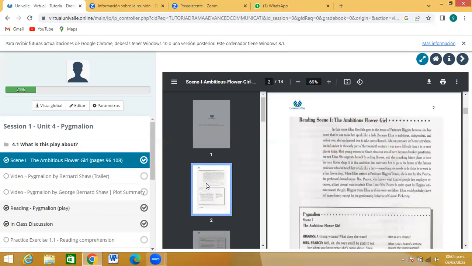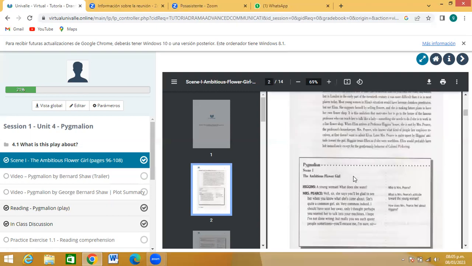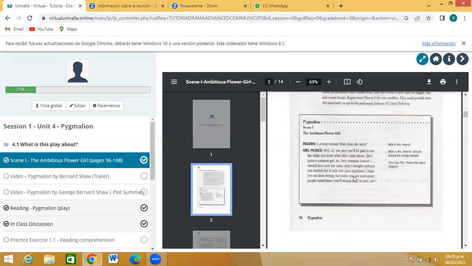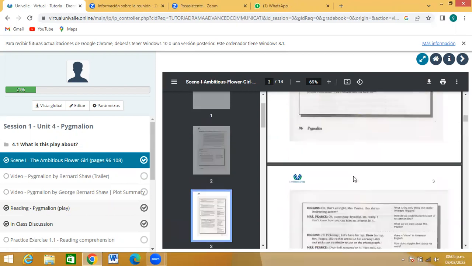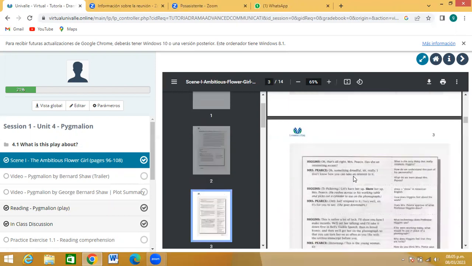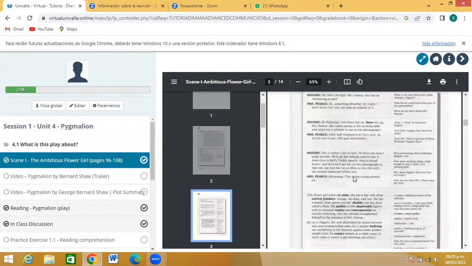Not all of them would have access to education. Therefore, maybe she has a street language, so to speak. That's what I understand. So she wants to improve the way of speaking. That's why she's going to the professor's house, so she learns how to speak like a lady from that time. Yeah, okay. That's pretty nice.